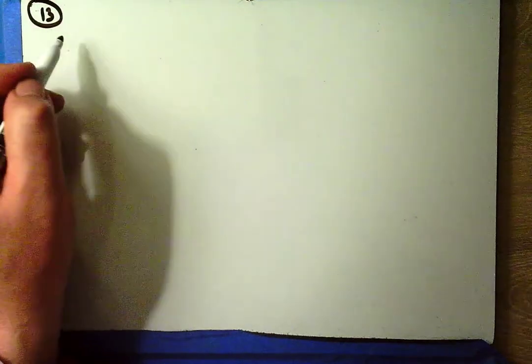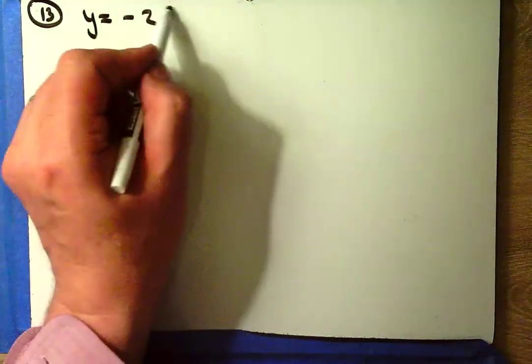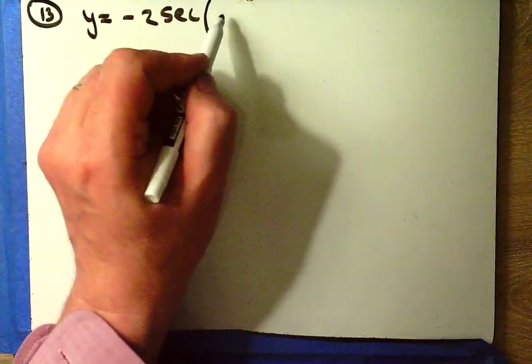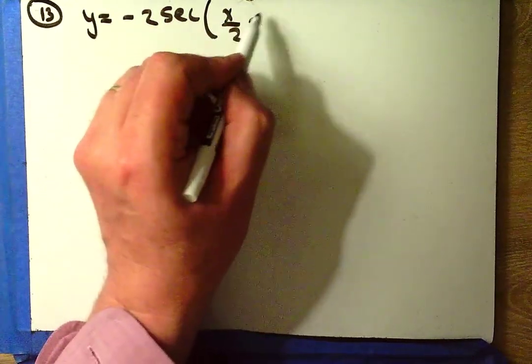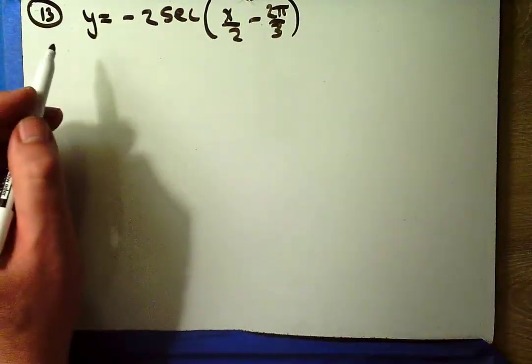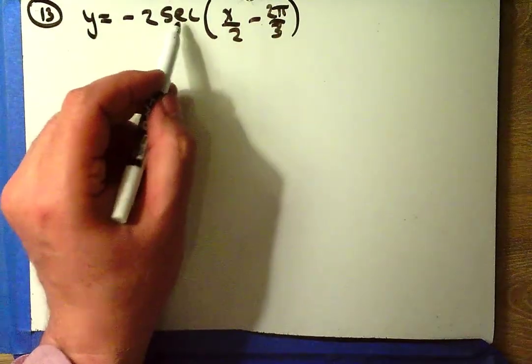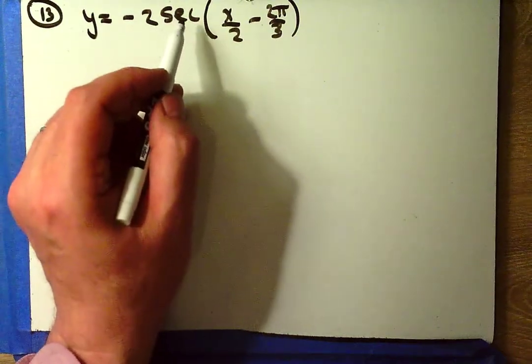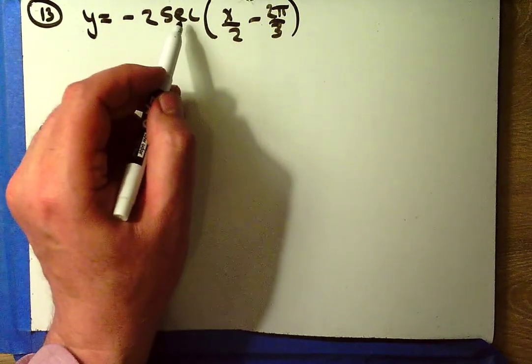13. Number 13, y equals negative 2 secant x over 2 minus 2 pi over 3. So it's negative secant, so I'm going to start by drawing the cosine version of this first.